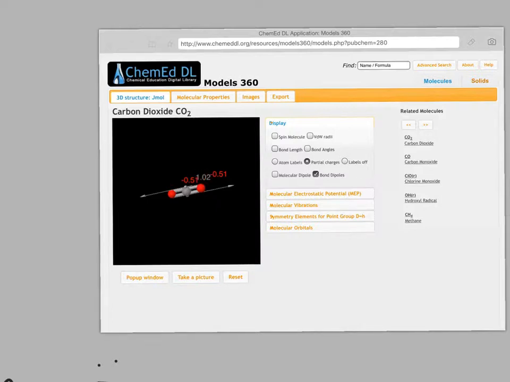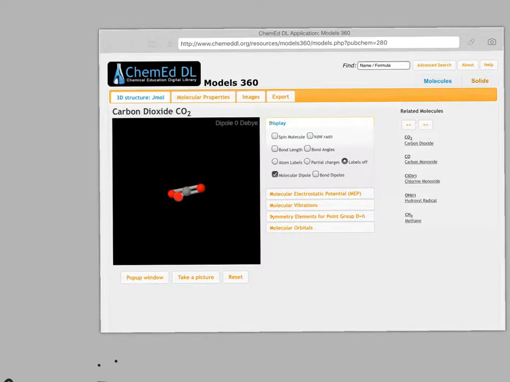And so if I get rid of that and turn on the molecular dipole, and turn off the bond dipole. See, it doesn't have any molecular dipole. Up here it says 0 debye. That's the unit we use to measure the actual dipole.